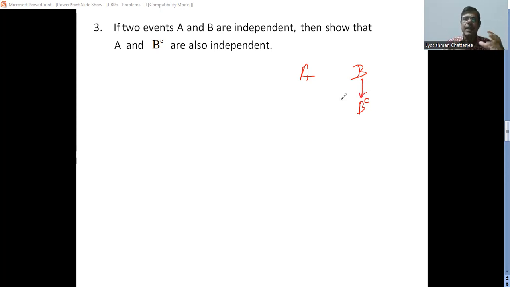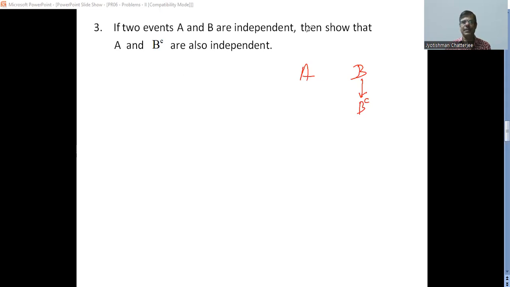In other words, information given about B is equivalent in a sense to information given about B complement. So if A and B are independent, you expect A and B complement also to be independent. But that is just expectation, and we showed algebraically that it actually is true.